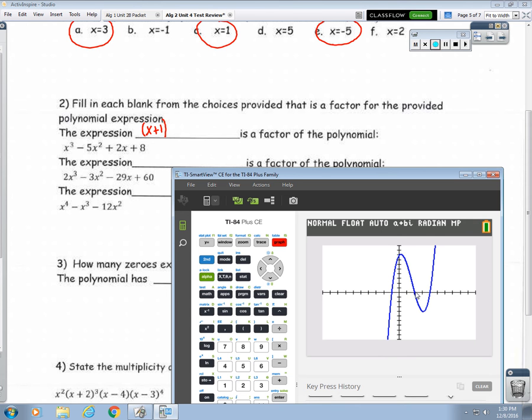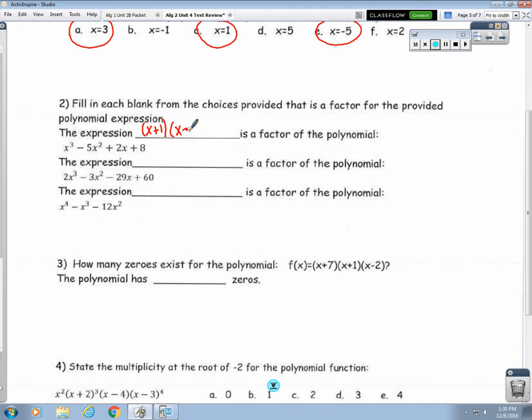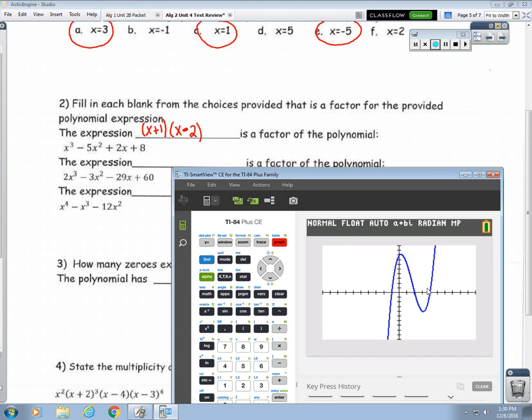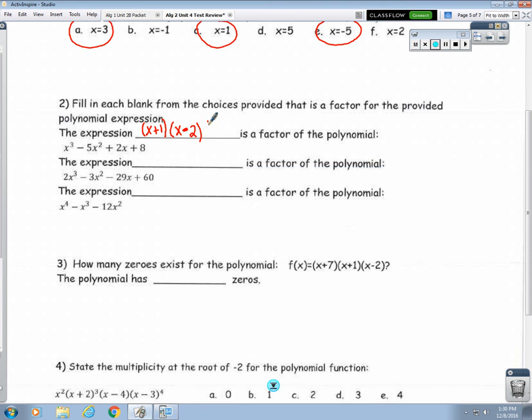Yes. Okay, the next one is at +2, so its factor would be x minus 2. And then the third zero is located at 4, so its factor is x minus 4. Now let me point out something to you in the directions for this problem. Fill in the blank from the choices provided.